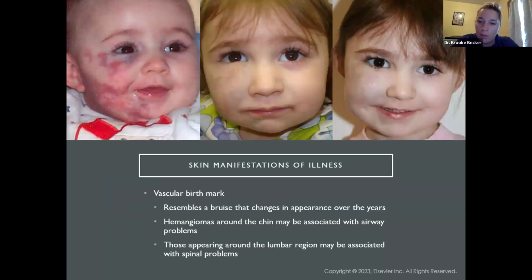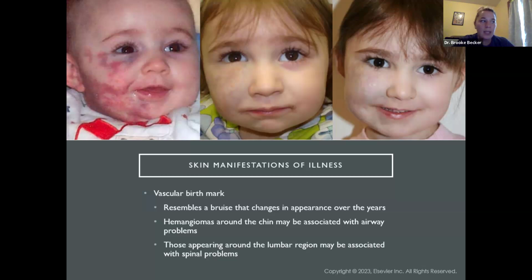That's a form of a hemangioma. As those grow, you get concerned about them impeding the airway. So kids with vascular birthmarks or hemangiomas in areas like that, a lot of times those then get removed. Okay.